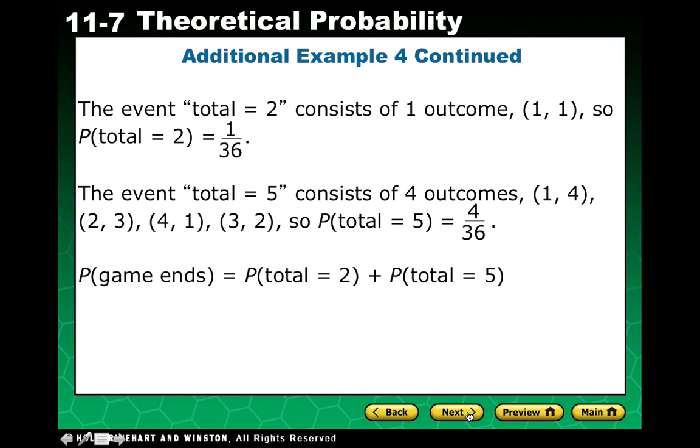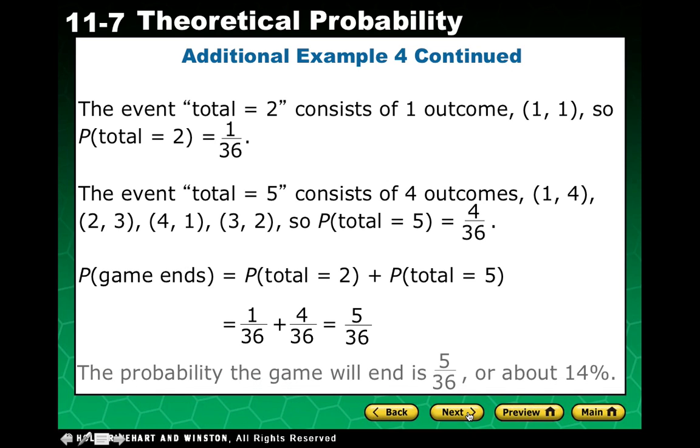So 4 out of 36. In order for the game to end, someone would either have to win, getting a 5, or lose, getting a 2. So we'll add those two probabilities together. 1 out of 36 and 4 out of 36 gives us 5 out of 36, or about 14% chance.